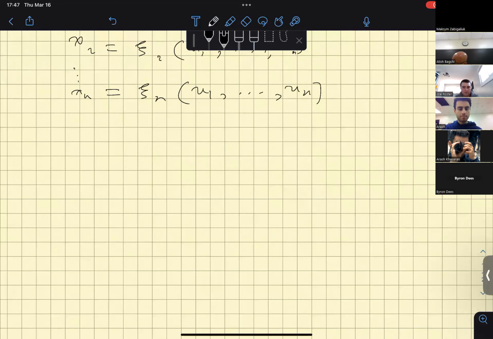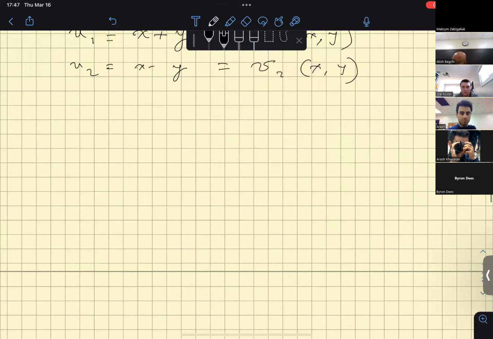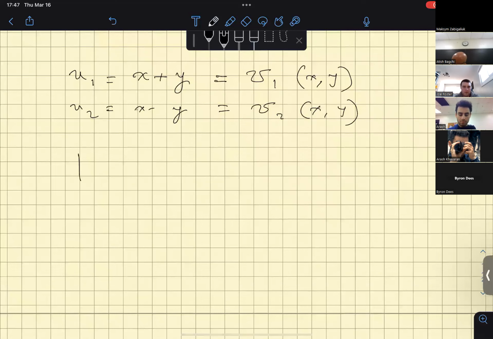So a specific example, u1 is equal to x plus y, which is the same thing as u1 of xy, and u2 is equal to x minus y, which is equal to u2 of xy. Now this is very easy to solve. So this is the matrix 1, 1, 1, minus 1, acting on xy is equal to u1, u2, right?